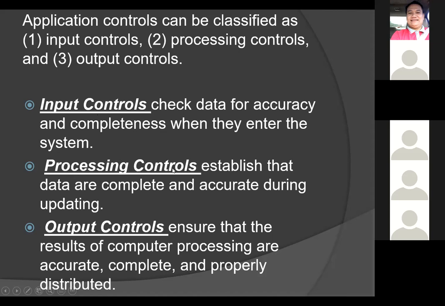For processing control naman po, it sets up the information, finished and exact during refreshing. For output control, it guarantees that the aftereffect of PC handling are precise, finished, and appropriately circulated. So kapag nag-input po, ipaprocess, then maglalabas po ng outcome na galing po dun sa input and ginawa po nating process.